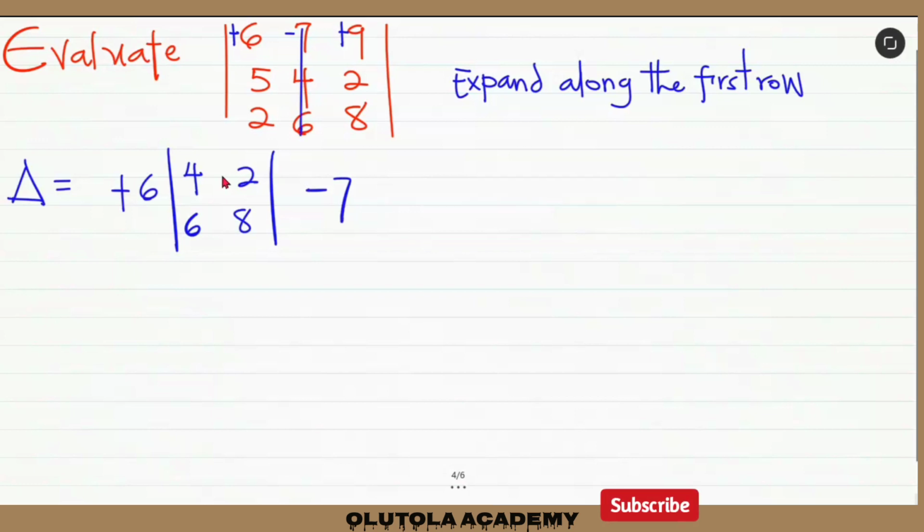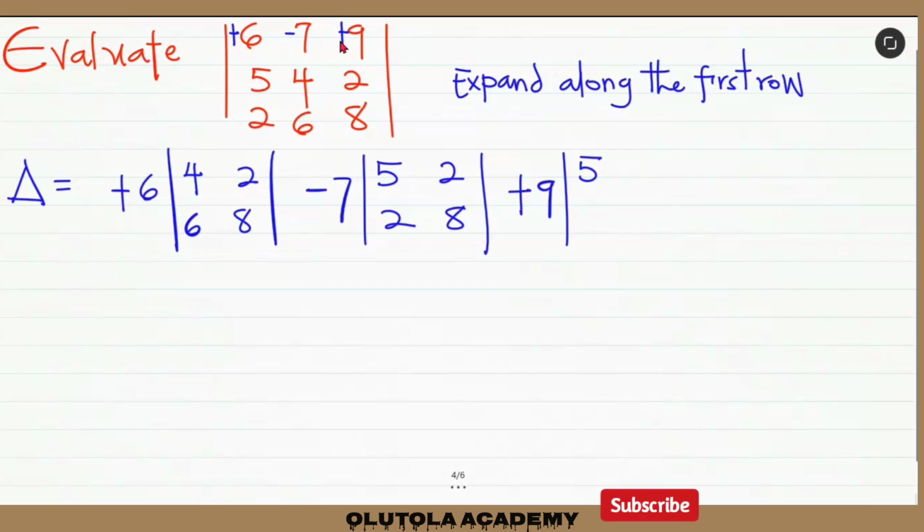Then I'll close this up, I'll close this up. I'm going to have 5, 2, 2, 8. Then I will take the next one, which is positive 9. I'm going to close this row up, I'll close this column up. So I'm going to have 5, 4, 2, 6.